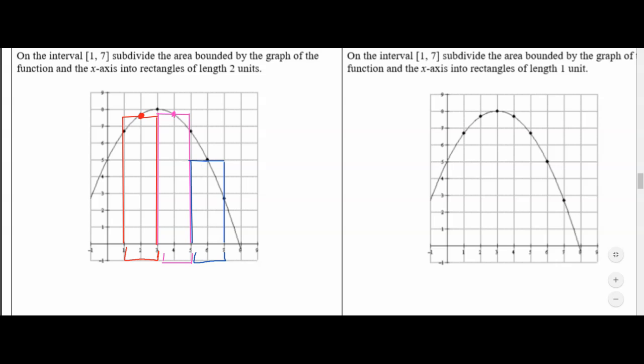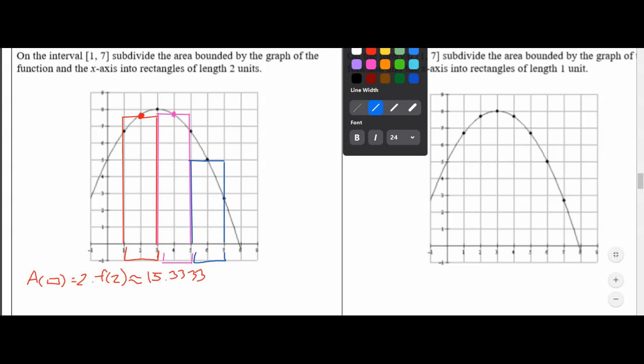Okay, so now we just still have 3 areas to find. For the red, it's going to be 2 times f of 2 this time. Two times f of 2 is 15.3333 if I round.